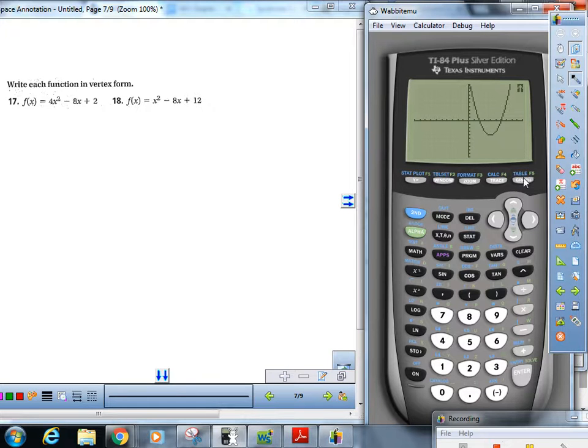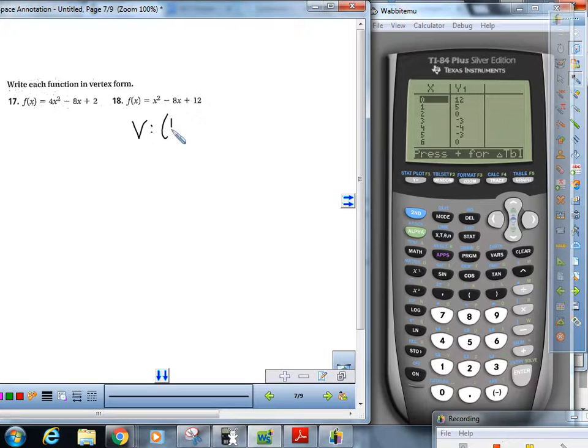4, negative 4. Ah, good thing I looked at the table. Okay, so once we get to the table, this problem becomes just like the last one. Our vertex is h comma k, which is 4, negative 4. Okay, what's an easy point on there? How about 2 comma 0? A point on our graph is just x comma y.